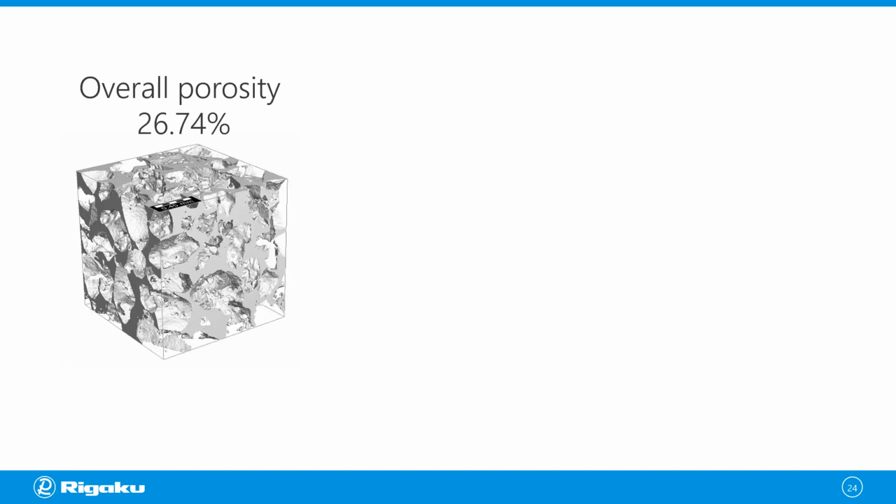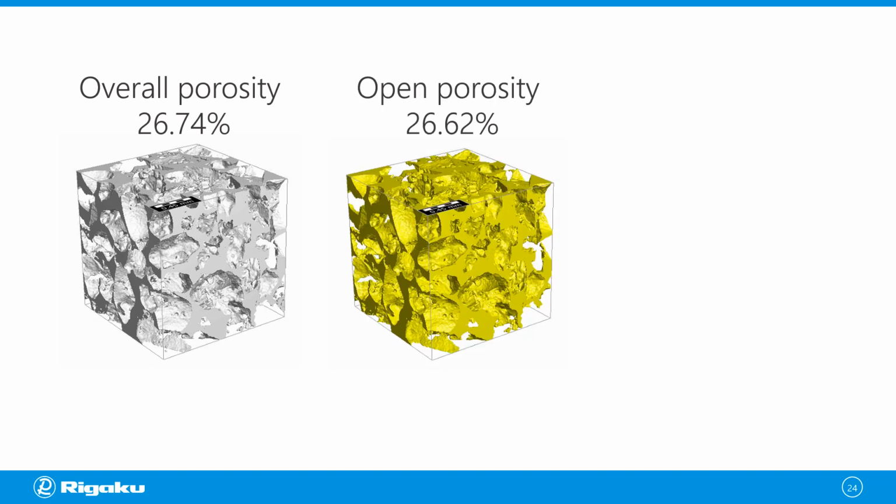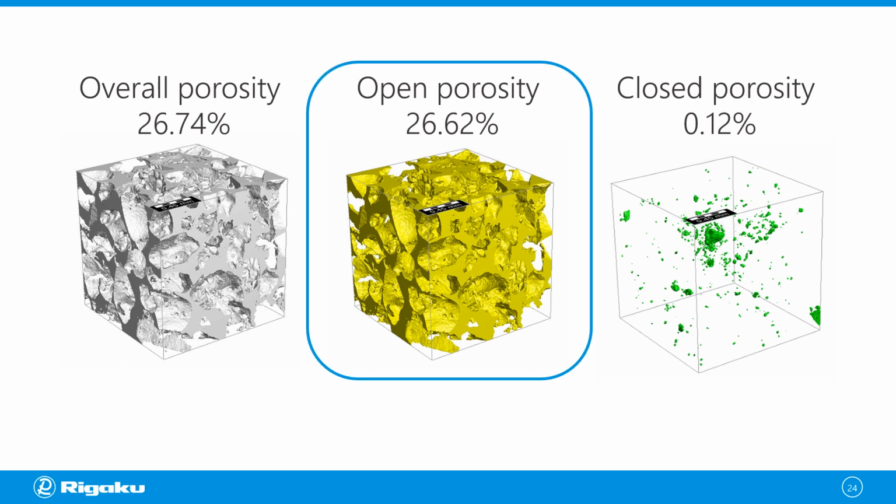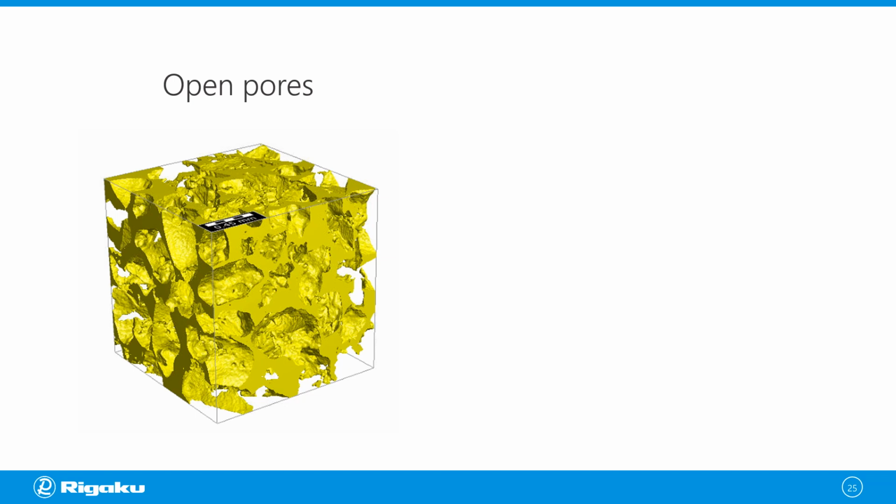You can also focus on the pore space and calculate the overall porosity. You can also separate this into open pores and closed pores and get separate porosity for each. Now we can focus on the open pores, those are all connected, and use the GeoDict to simulate the percolation path in certain direction.